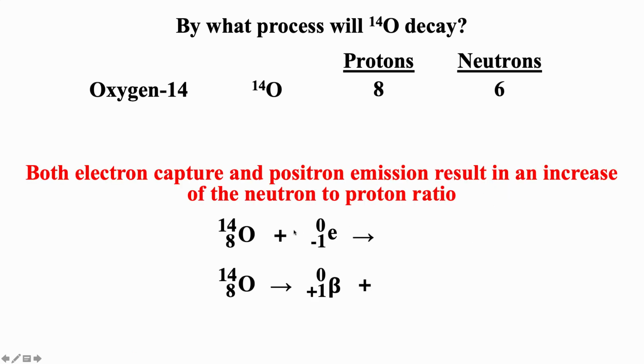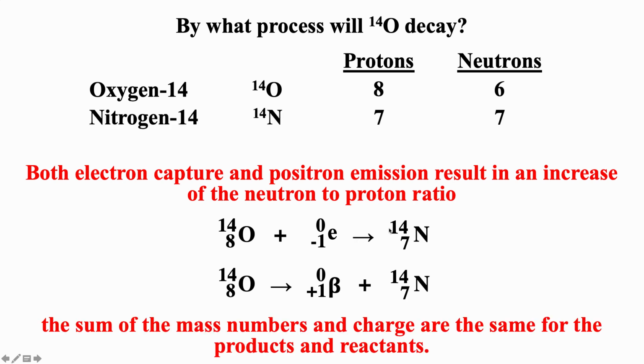Now, if we balance it, so electron capture, mass number is same, so that gives you nitrogen-14. Positron emission, and so we balance that. We also get nitrogen-14. And so in this class, we can't really distinguish between electron capture or positron emission.